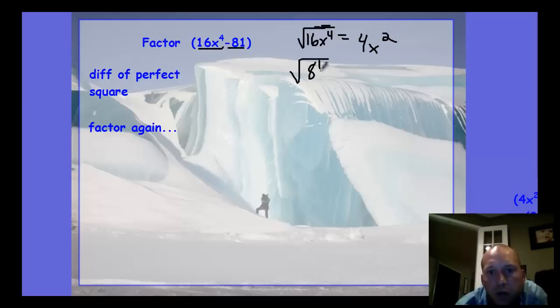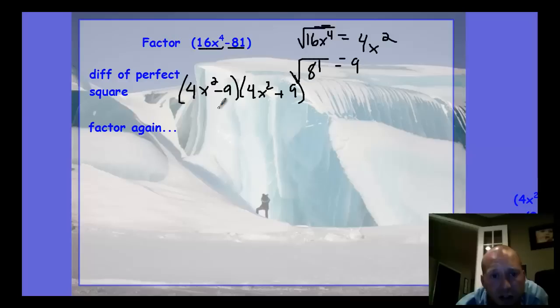And the square root of 81 is 9. And so that should help us factor it. So we have 4x squared minus 9, and we have 4x squared plus 9. So we check OI, your outside is going to be 36x squared, your inside is negative 36x squared, so we have the 0x squared in the middle.